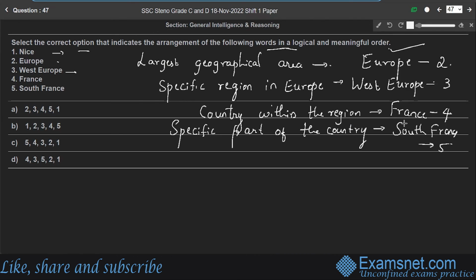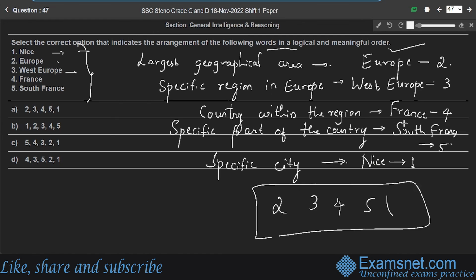And at last, finally, to a specific city in that region, in the part of South France, which is Nice, which is the first word. Therefore, the order of the given words in a meaningful and logical order should be 2, 3, 4, 5, 1. Therefore, option A is the right answer.